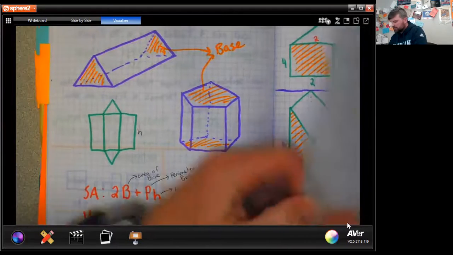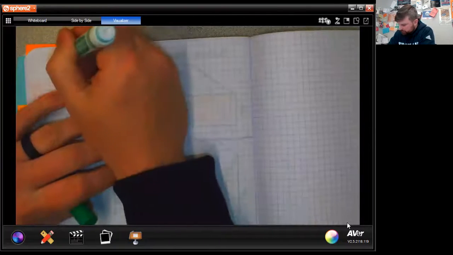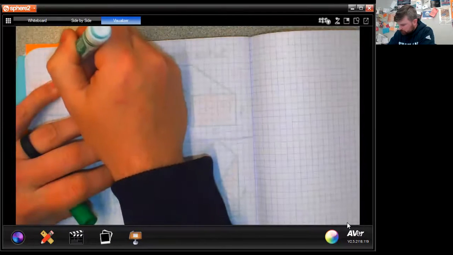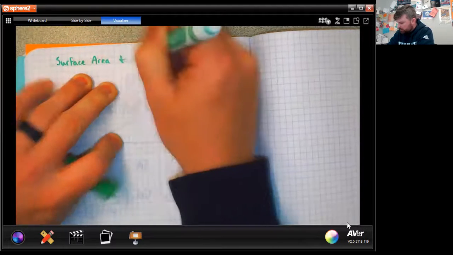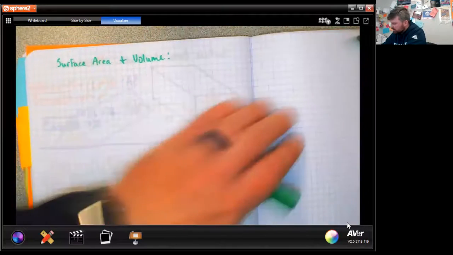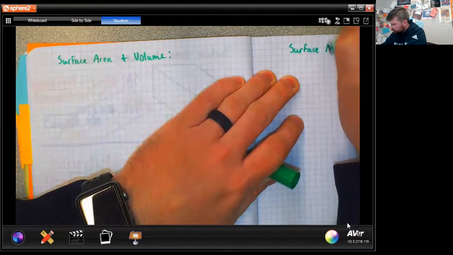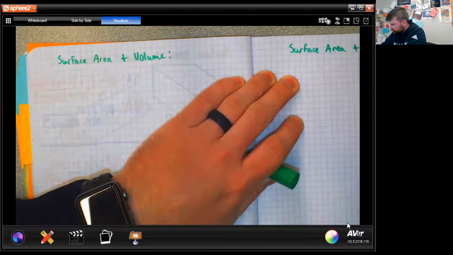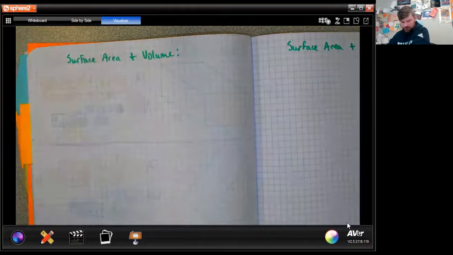So the title of these pages will be surface area and volume, surface area, volume, and we're talking about the cylinder.